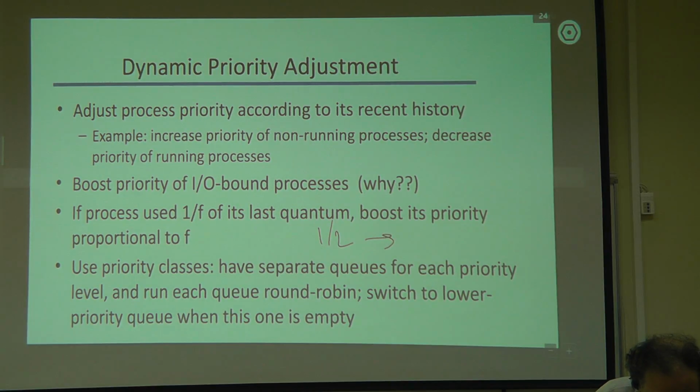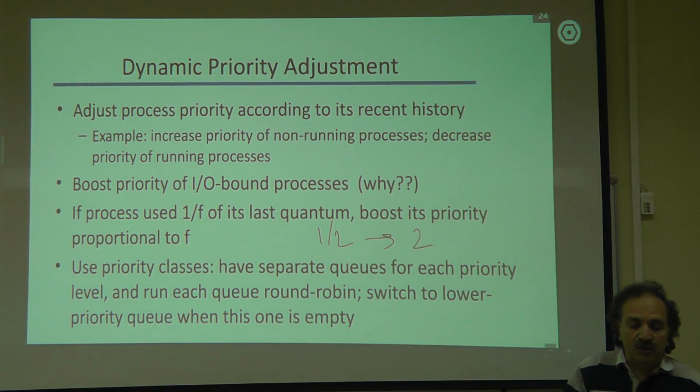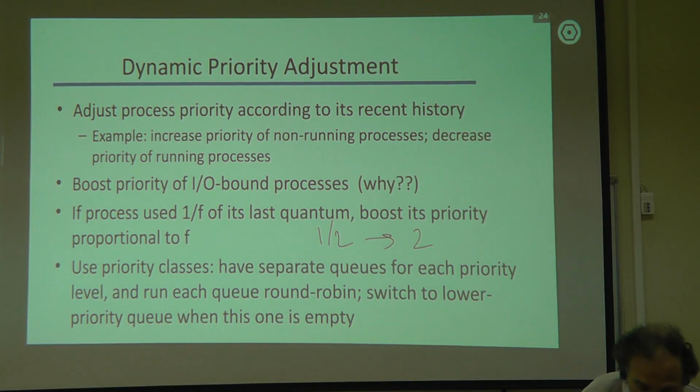Then we make the priority of this process 2, because it didn't use the whole quantum time. It needs more time. But if it uses 1 over 1 of the quantum time, then it doesn't need any more time. So the priority of this one becomes 1.